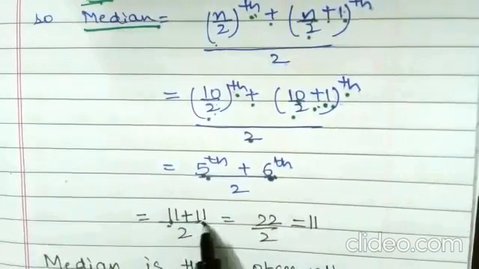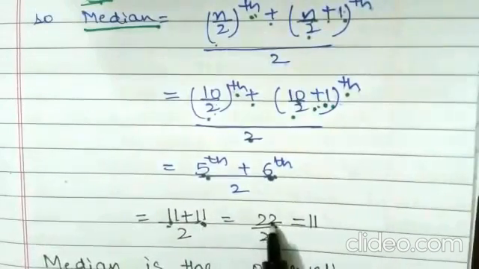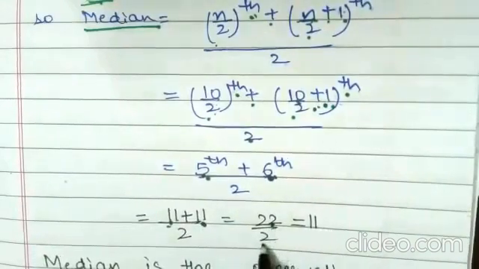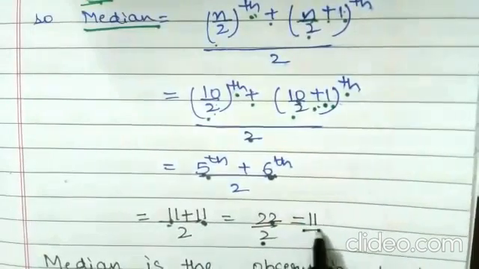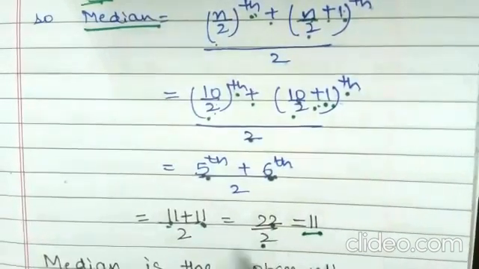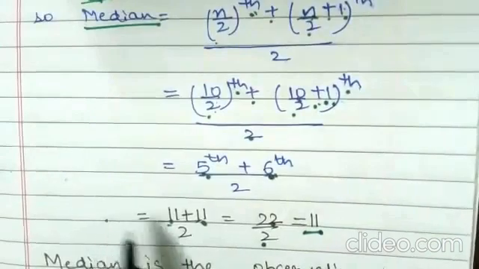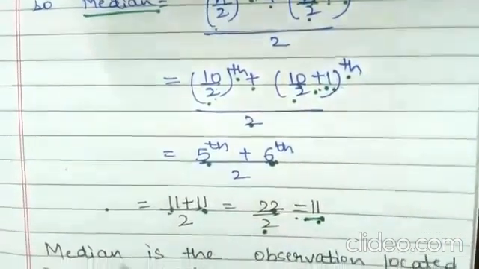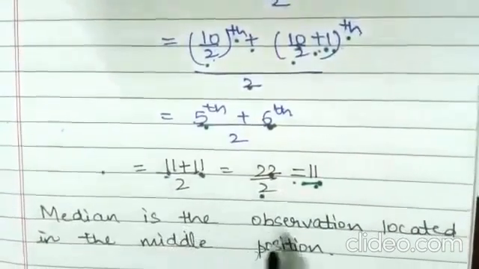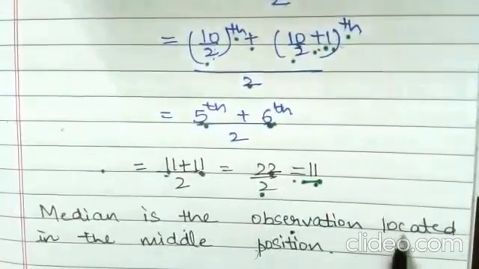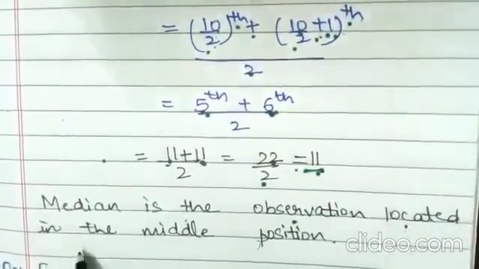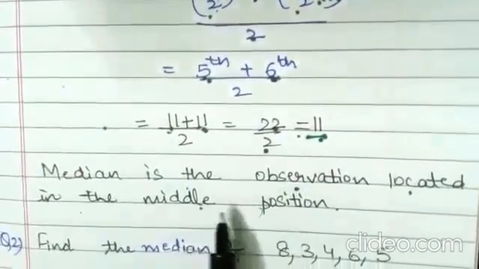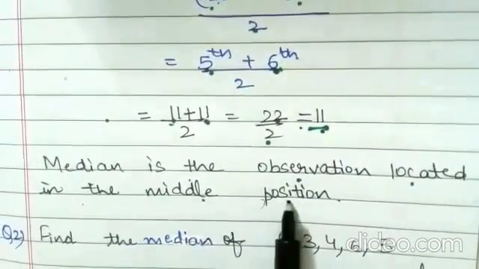So on adding we get 22, and on dividing by 2, 11. So the median we got is 11. The median is the observation which is always located in the middle position.